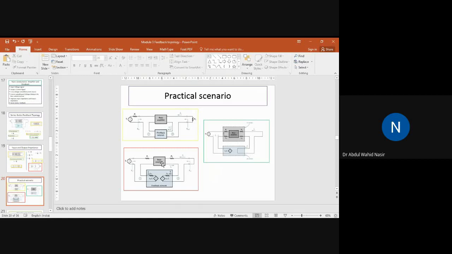Now again, if you do so, you will have these parameters. This is Z11, this is Z12 I2, this is Z21 I1, and this is Z22. Clear?